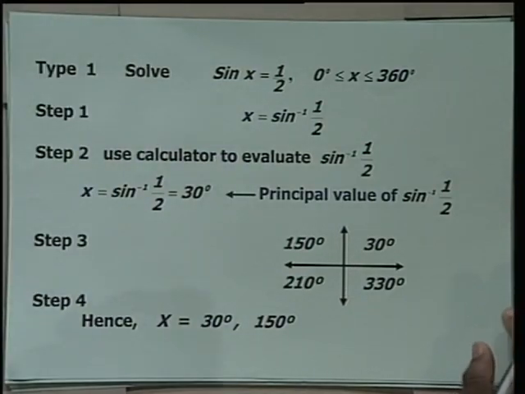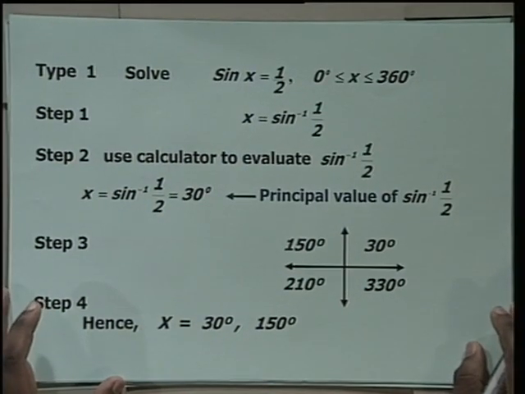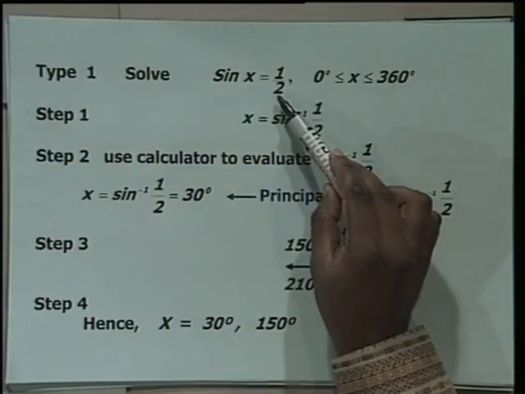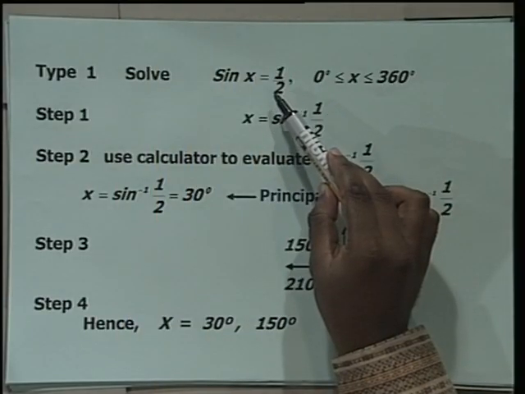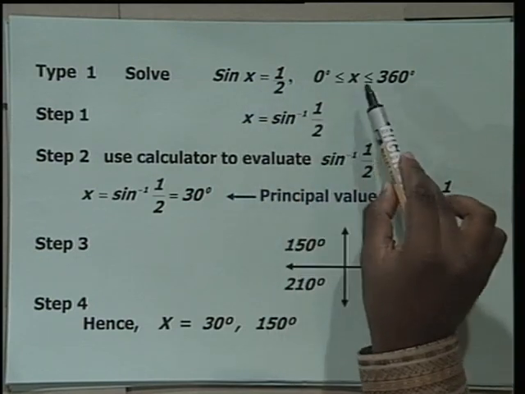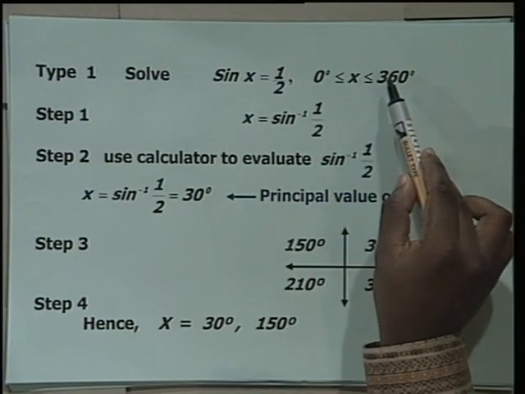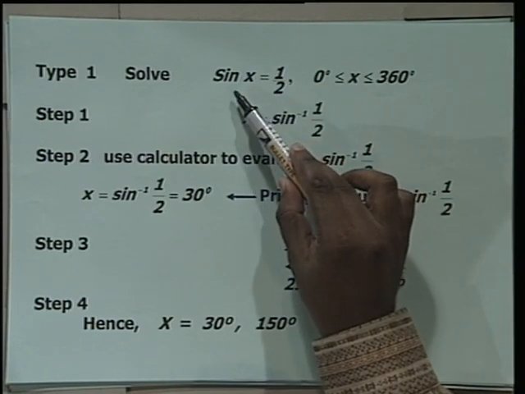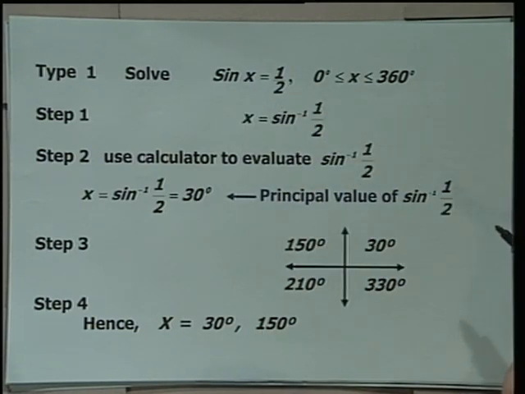Let's now show to you how to solve a simple trigonometric equation. The question is, solve sine x equal to half. That is, we want all the angles between 0 and 360 degrees that satisfy the equation sine x equal to half.